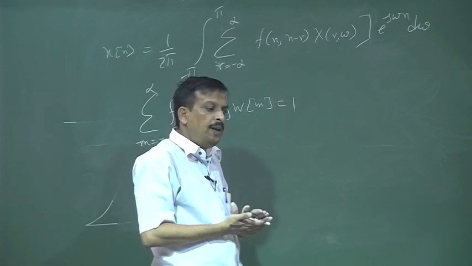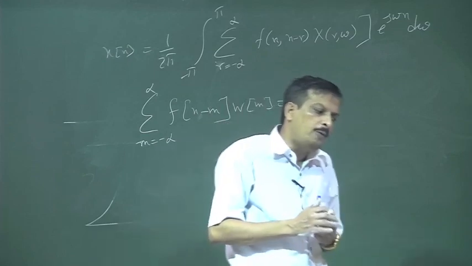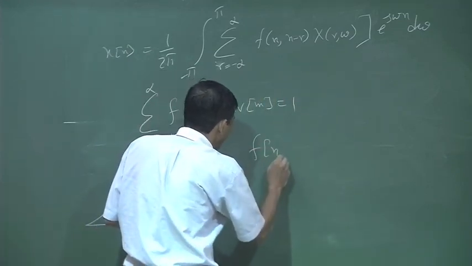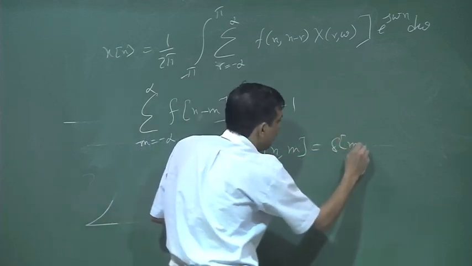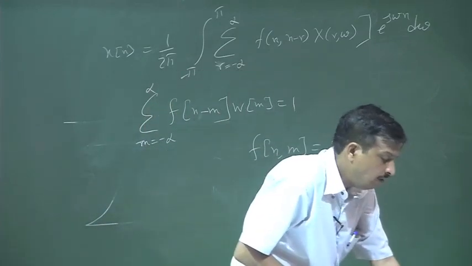Okay. So, in the basic FBS method, the method can be obtained by setting the synthesis filter f of n, m equal to the delta function, delta of n minus m.